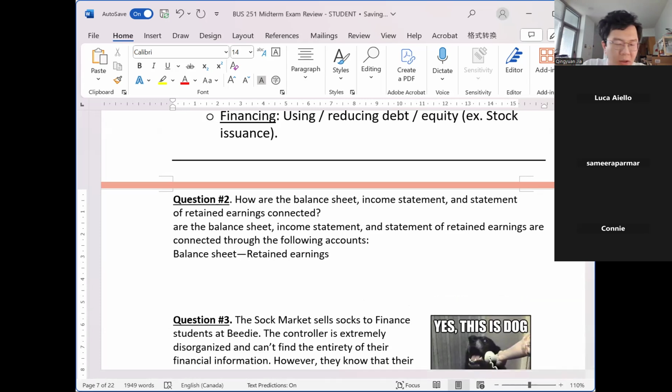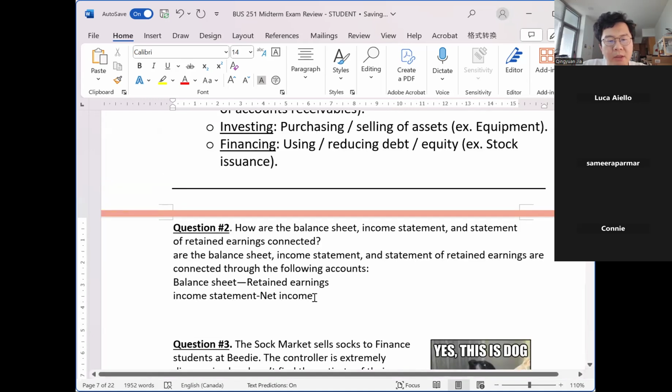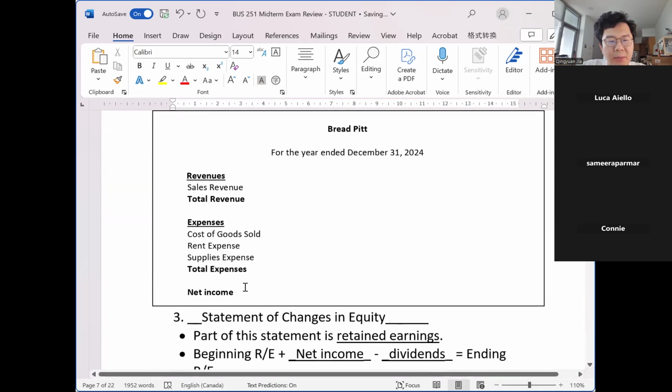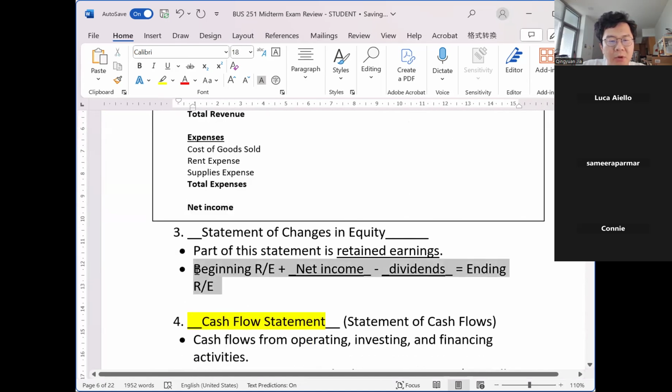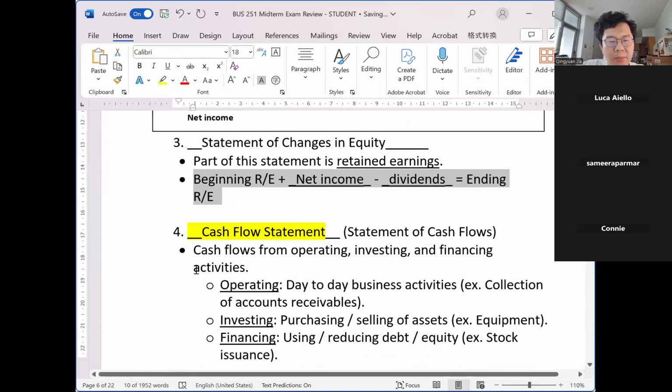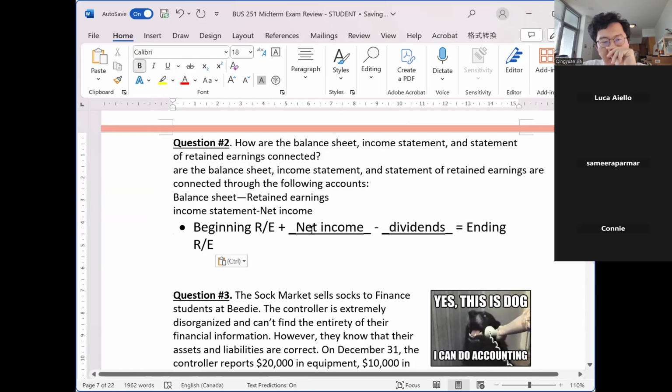And also the income statement. In the income statement, we have net income. The net income appears here, but this net income will also be a component that we use to calculate the retained earnings, right?